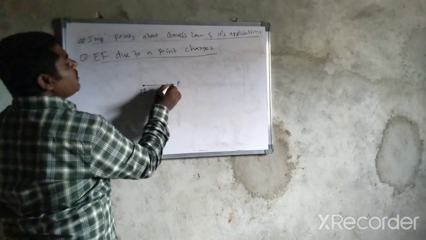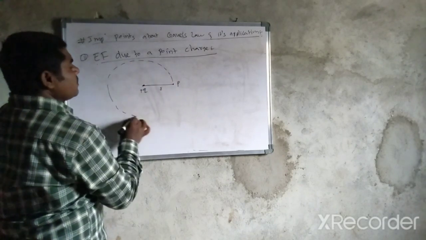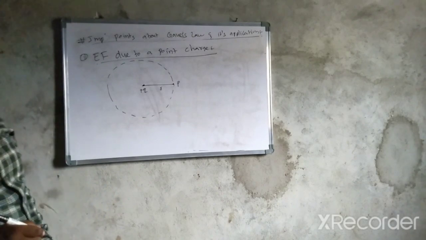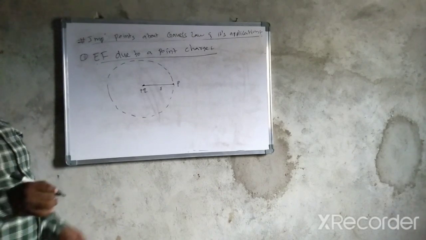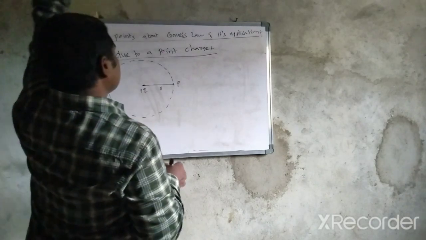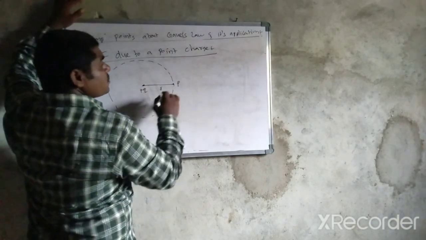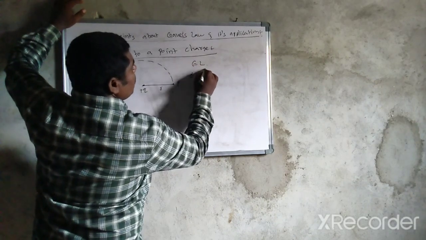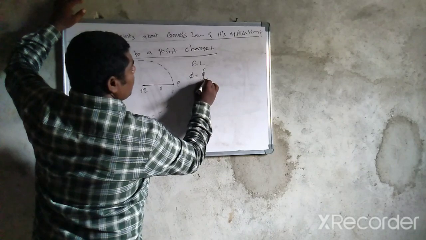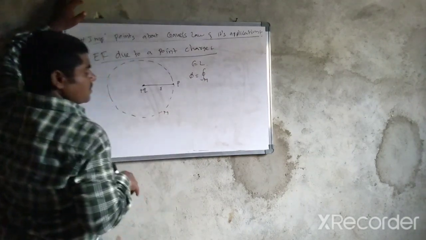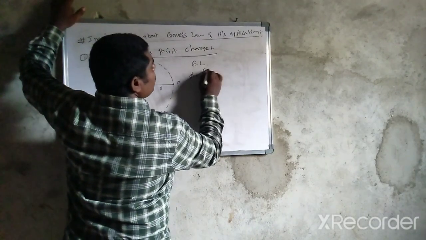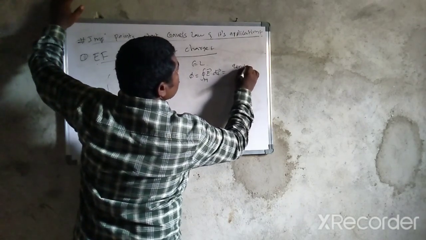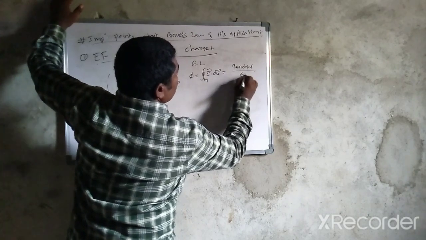You may draw a Gaussian surface like this, which looks like a sphere. Using Gauss law for this spherical surface, flux is equal to the closed integral of E bar dot ds bar, equal to Q enclosed by epsilon naught.